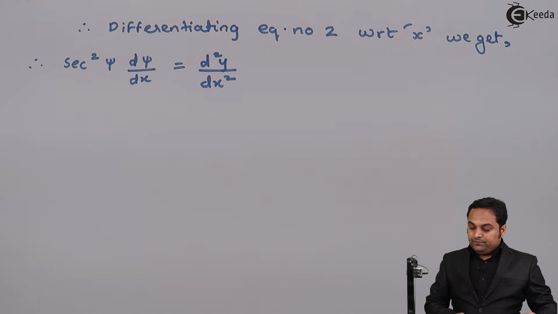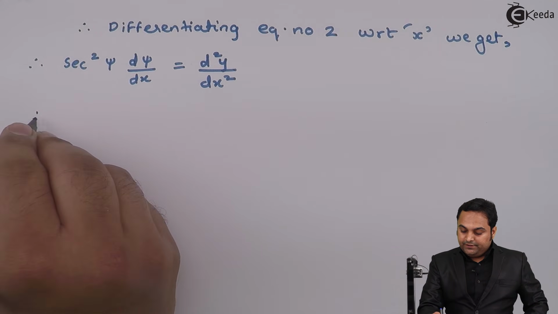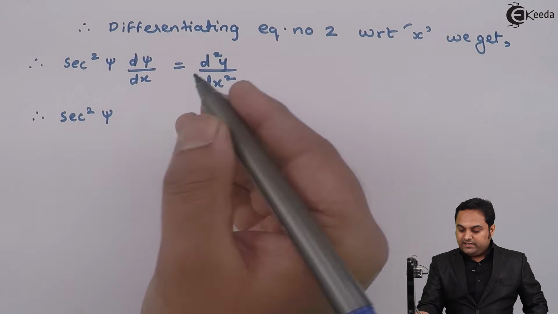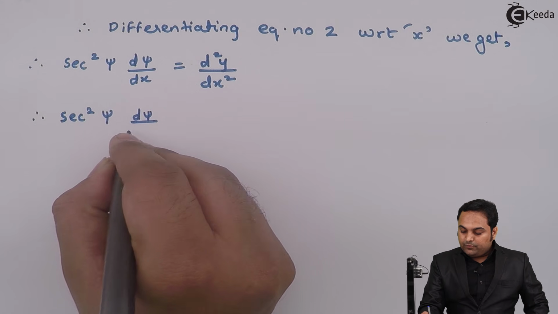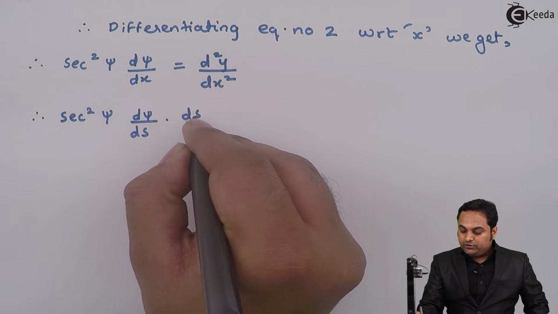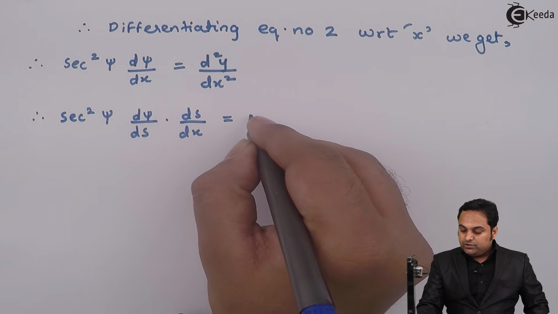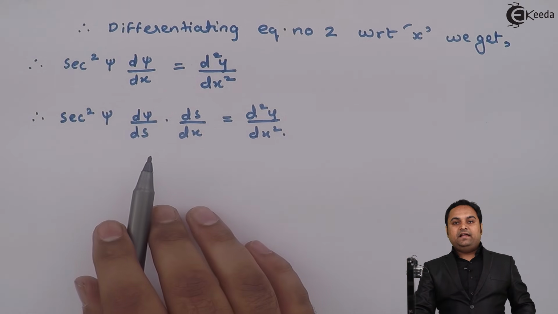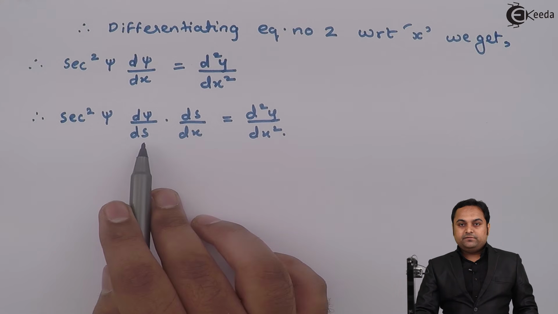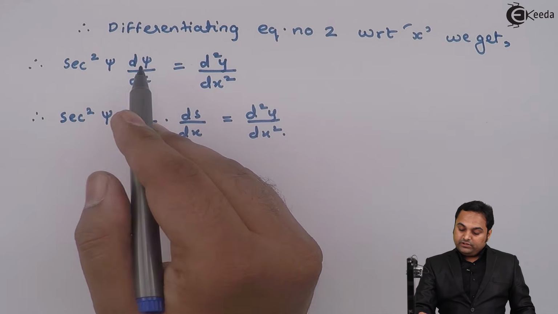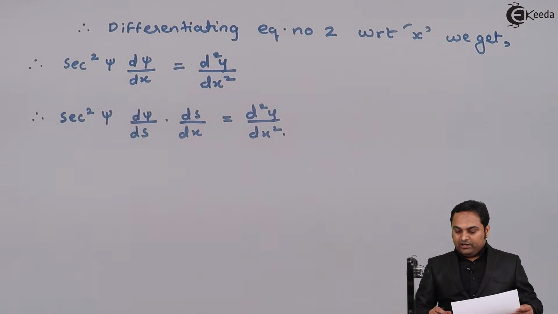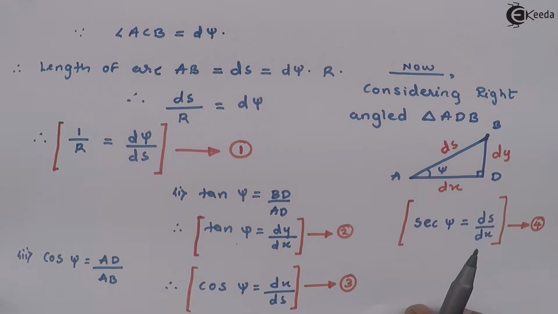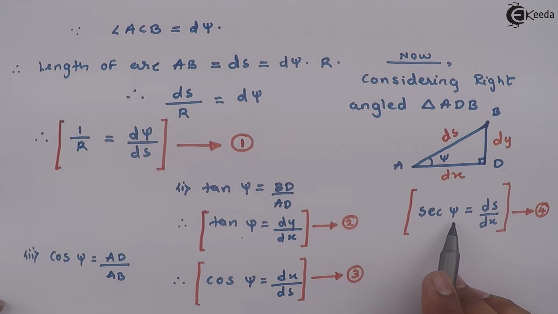Now once I have reached here, I will keep sec square psi as it is. D psi by dx can be written as d psi upon ds into ds upon dx is equal to d square y by dx square. Here I have simply multiplied by ds and divided by ds, so once they get cancelled out, I will get the same term. Now after this, I can say that ds by dx from equation number 4 was sec psi.